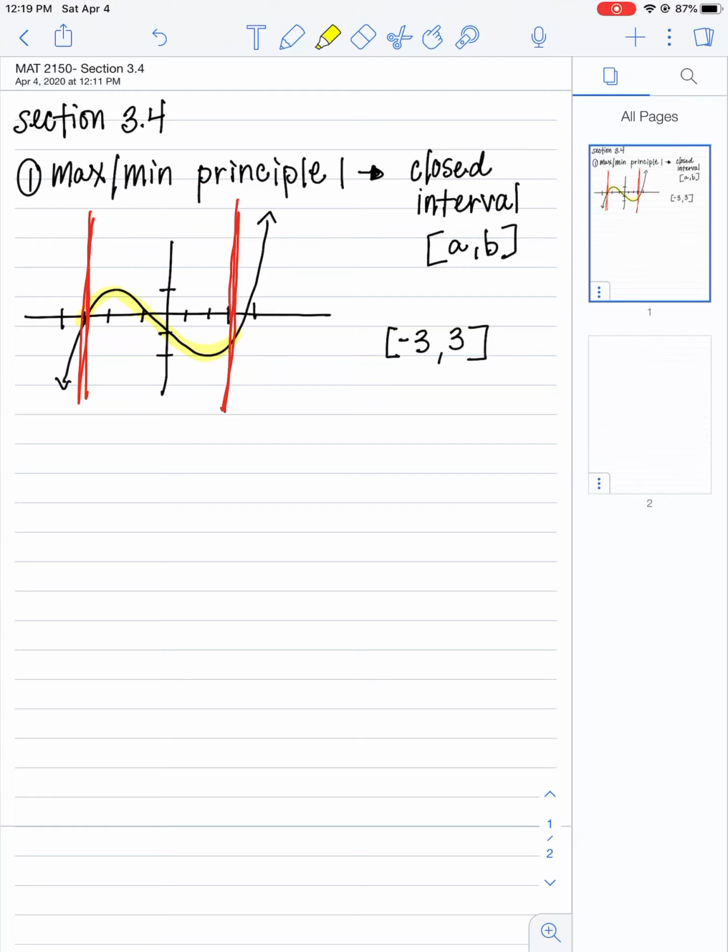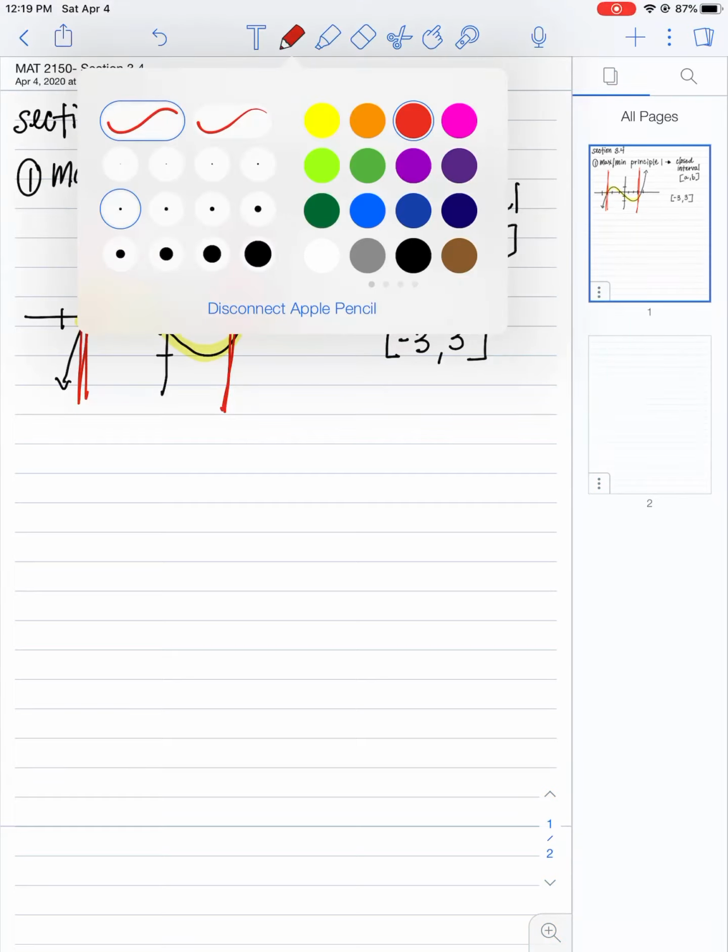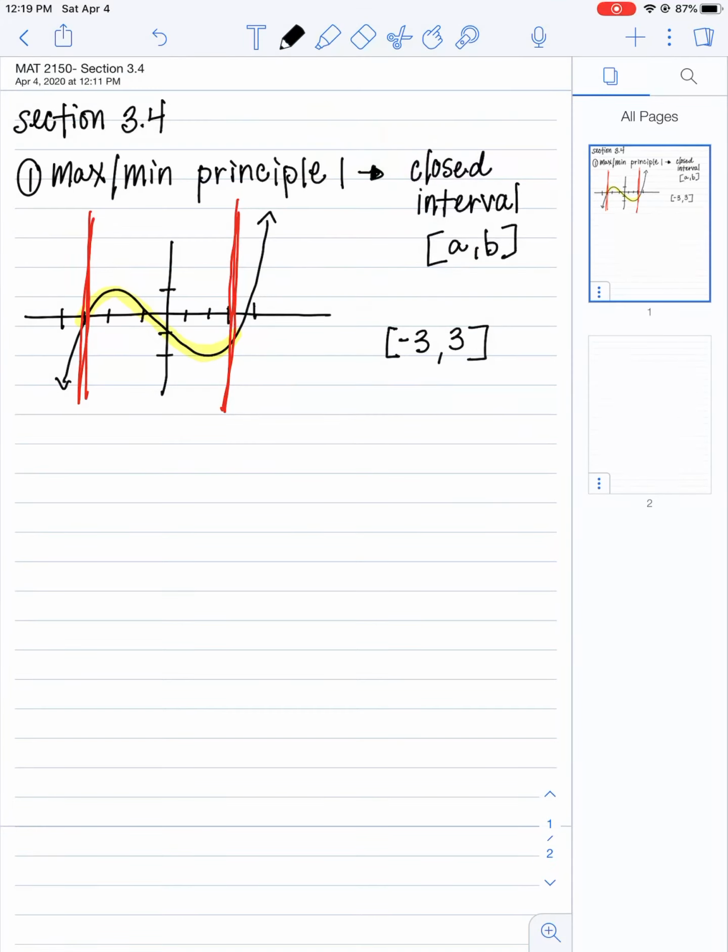If you take a look, we have what we call an absolute min and an absolute max. An absolute min and an absolute max is the tallest of the tall or the lowest of the low. The absolute max is the top point, and the absolute min is the bottom point. In this example, the tallest point clearly is right here, so your absolute max is happening at -2, 1.